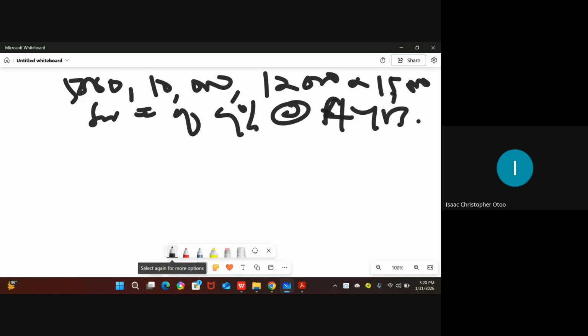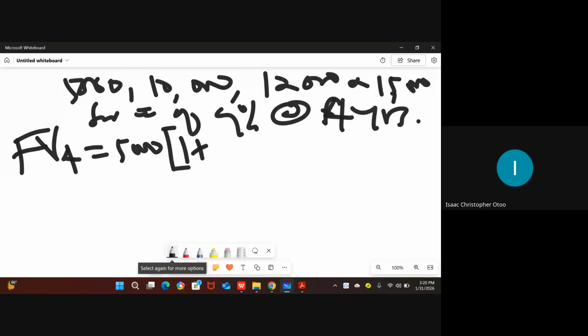So what is the future value of 4 years? I first take the first investment, that's 5,000 times bracket 1 plus 0.09 to the power n. Here, the n is the number of years 1, 2, 3, 4. So n is 4.